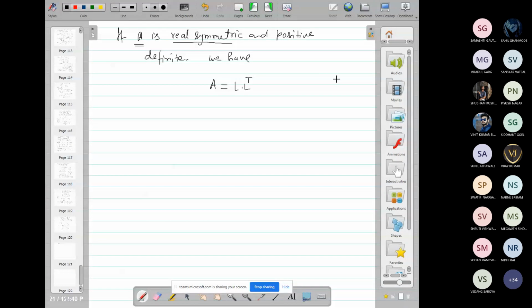So for simplicity, here L is a lower triangular matrix, so we can take L equal to L11 0 0, L21 L22 0, L31 L32 L33. Here also we can take L11 equal to L22 equal to L33 equal to 1 if possible.